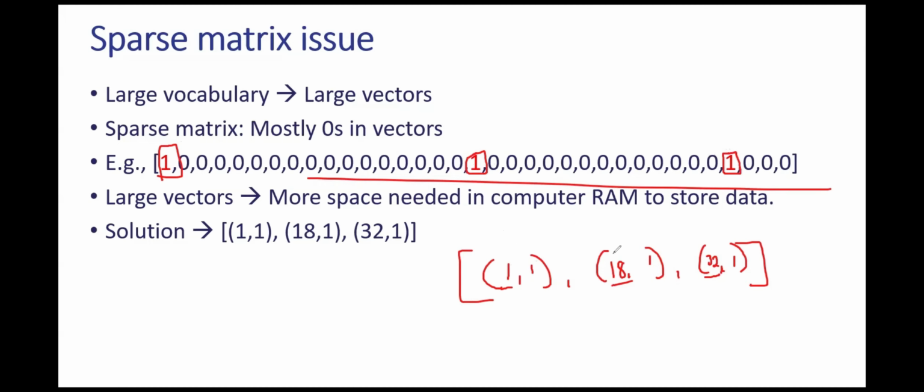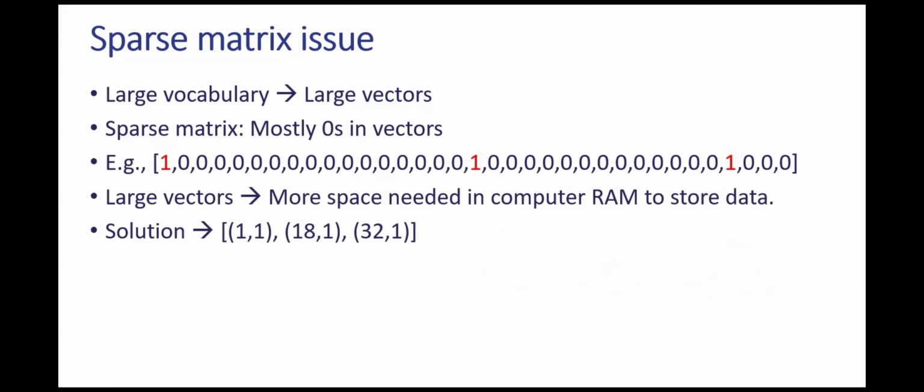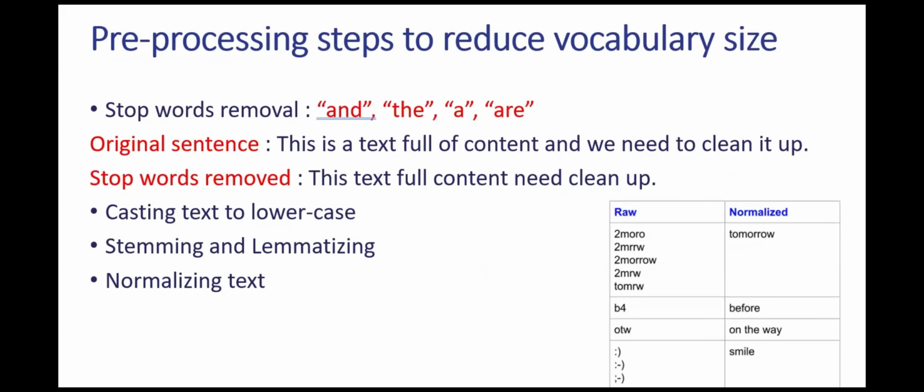And we're saying that everywhere else we can assume that it's a 0, and only in these positions we can assume that these are going to be a 1. So this approach can reduce the amount of space that's required to store and process a lot of this text data, and even allow for more efficient computation for NLP.